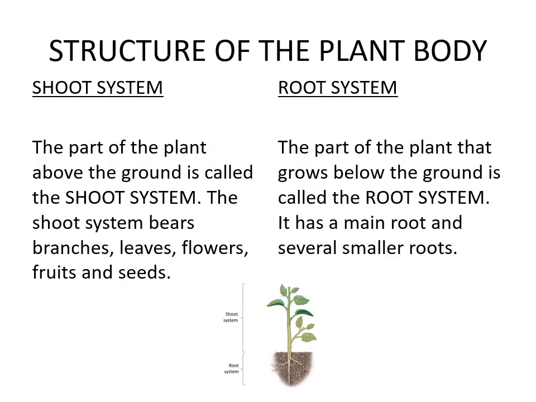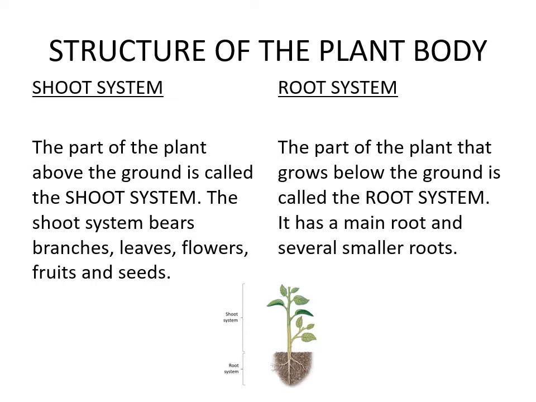Let us begin by noting the structure of a plant body, or how a plant looks. A plant body can be divided into two main systems. These are the root system and the shoot system. The part of the plant that grows below the ground is called the root system.